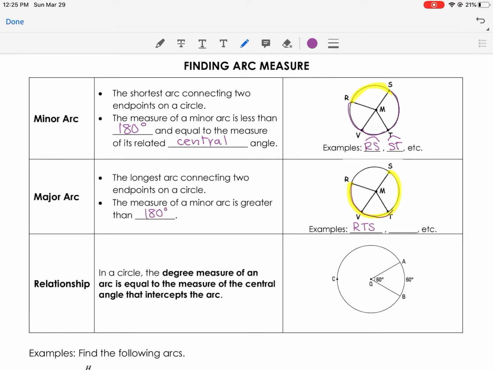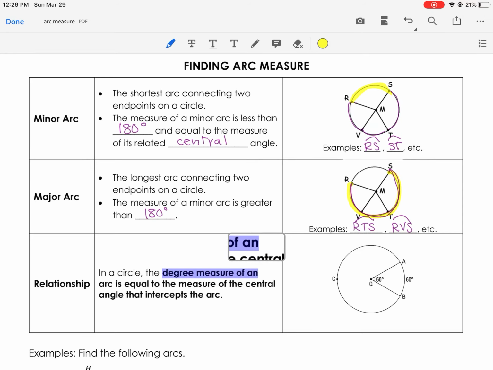So we'll call it like RTS. So then you know you have to go through T to get to S, and you know that it's those three. Or I could also call that RVS, right? It would end us in the same spot, R to V, and then I keep going to S as the major. Even something like VTR would be another major arc.